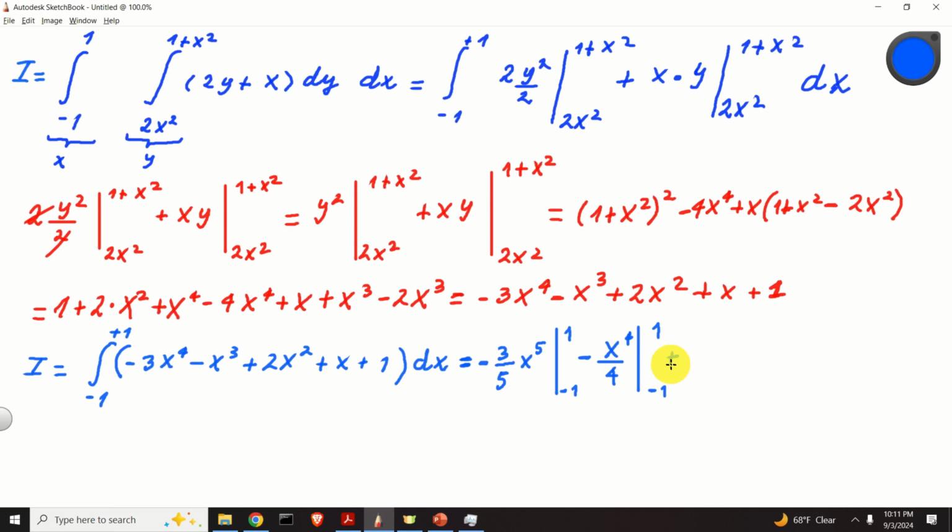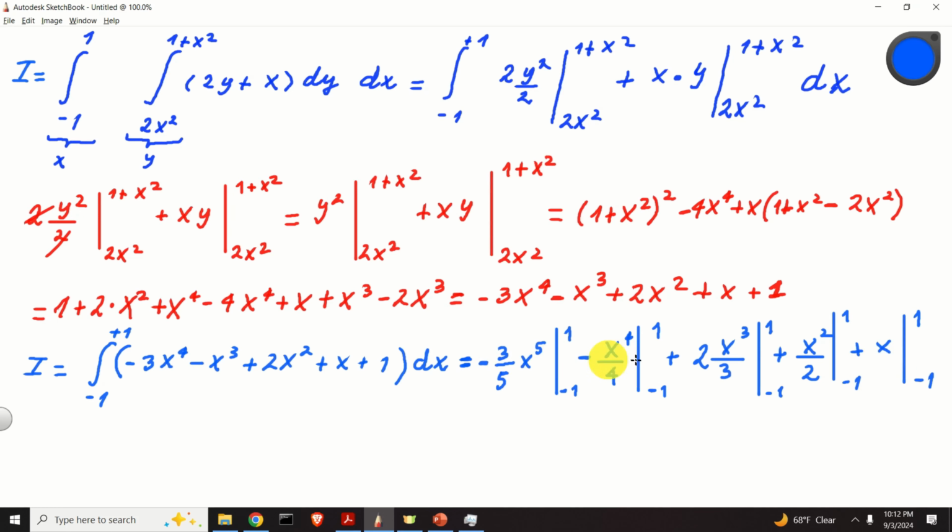Then we have plus 2 x to the power 3 over 3, and let's put the bounds from minus 1 to 1, plus x squared over 2 from minus 1 to 1, and then we have here plus x with the bounds from minus 1 to 1, and that's it.